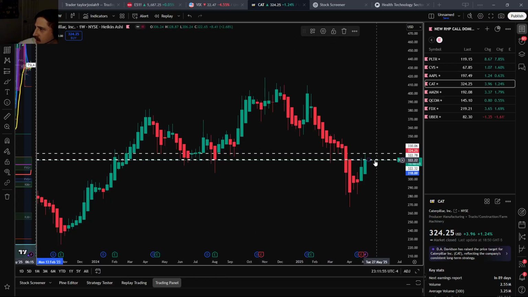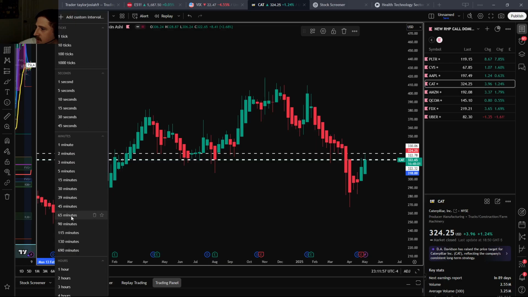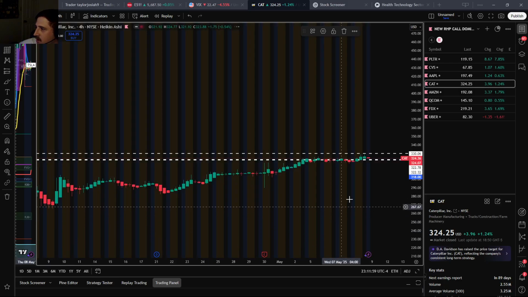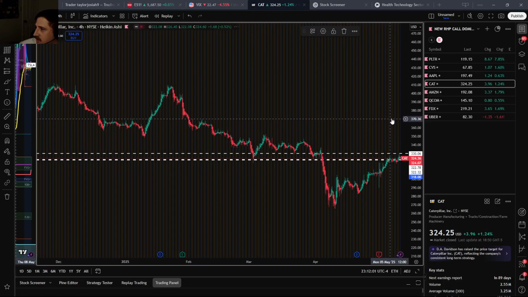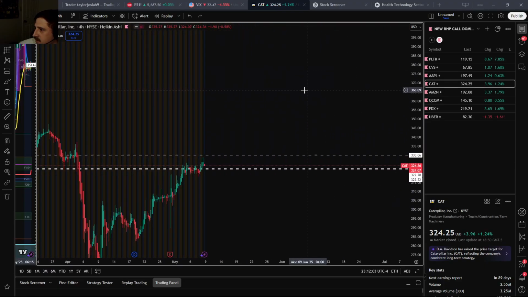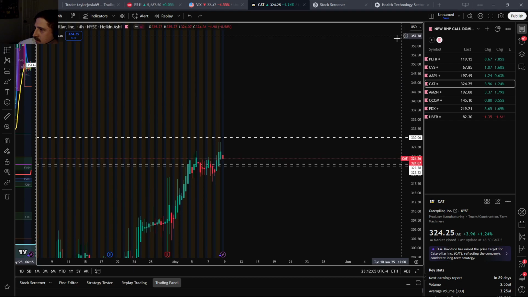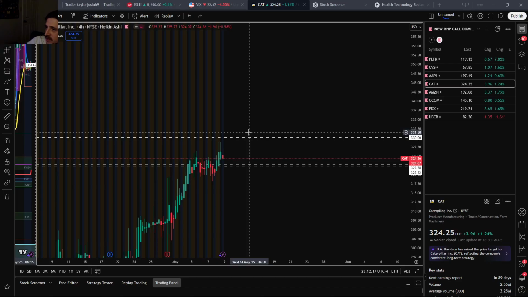I would like to see maybe on the 4 hour what's happening here. So it does look like price has reclaimed above 322. As long as we're staying above this, I would like to target 330. Maybe you could do a call 2 weeks out from now. Price action on Caterpillar is generally pretty slow.